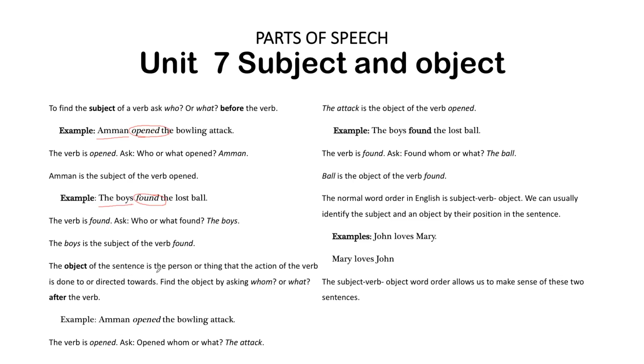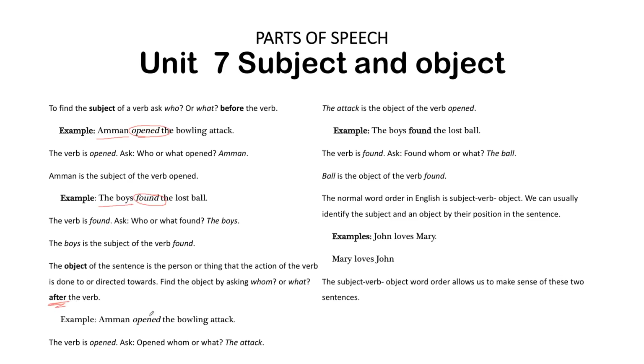The object of the sentence is the person or thing that the action of the verb is done to or directed towards. So, the subject performs the action, the object is the other thing to which the action is performed. You can find the object by asking whom or what after the verb.